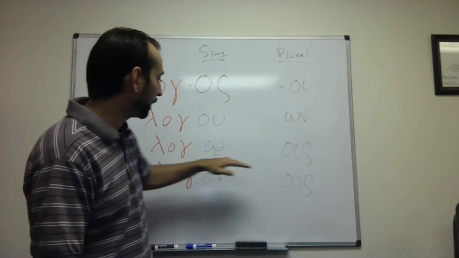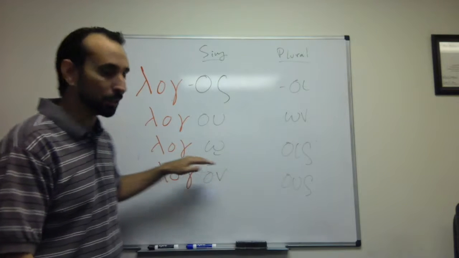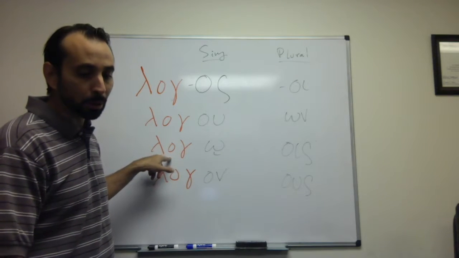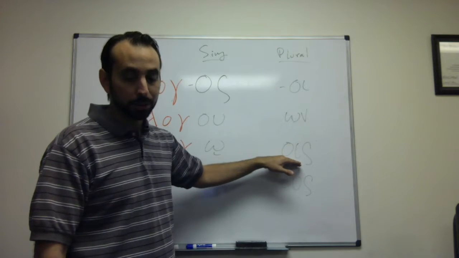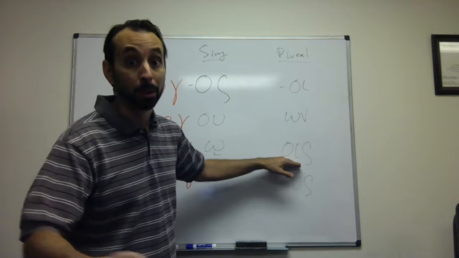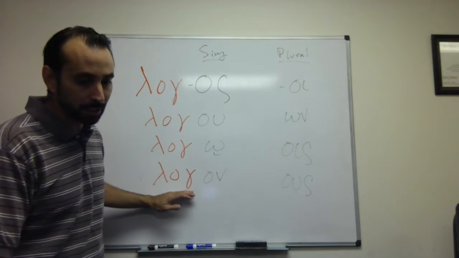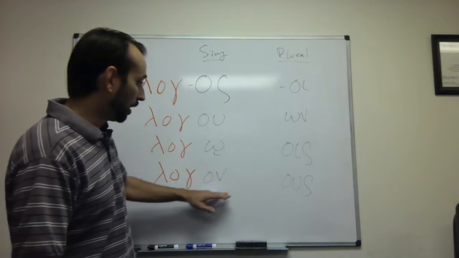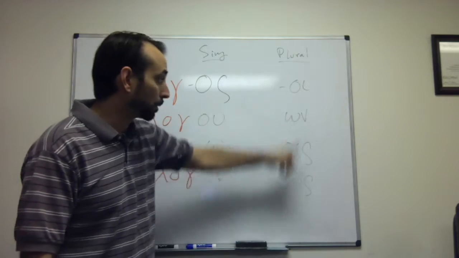So what we're actually doing with the dative is we're adding a preposition to the translation. So here, logo would be in, to, or by a word. Logois would be to, in, or by words, plural, because I've got the plural ending. And then for the accusative, it would just be word or words. Word, or if it was logous, it would be words, plural, because these are the plural endings.